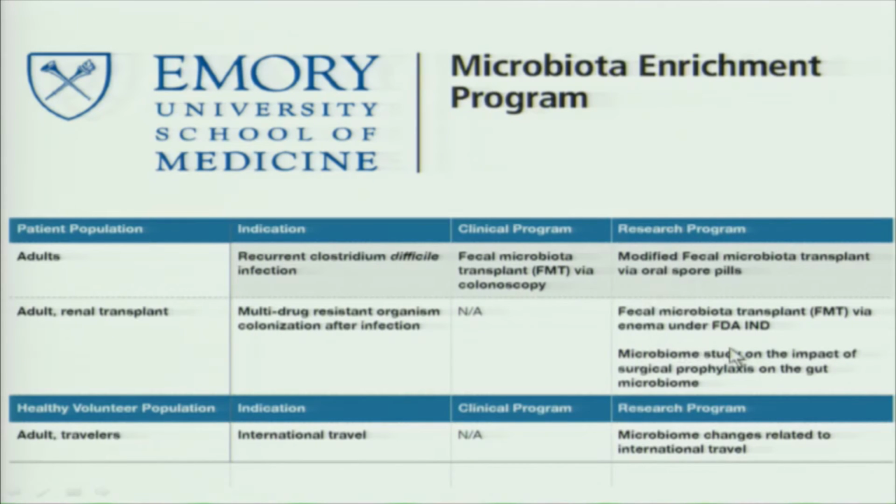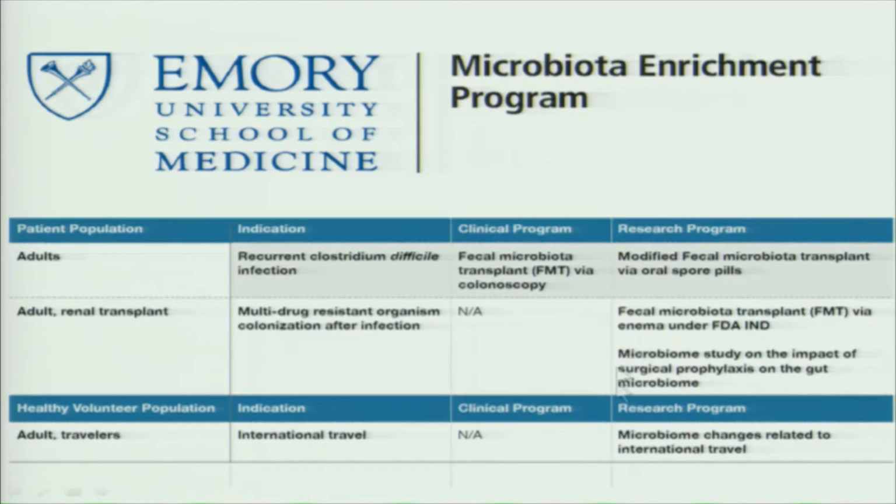We're looking at fecal transplant in renal transplant patients that have a multi-drug-resistant organism colonization after infection. So these people will undergo a fecal enema after they've had infection with VRE or CRE, and we'll be evaluating whether or not they can clear that resistance and restore the diversity of their microbiome.